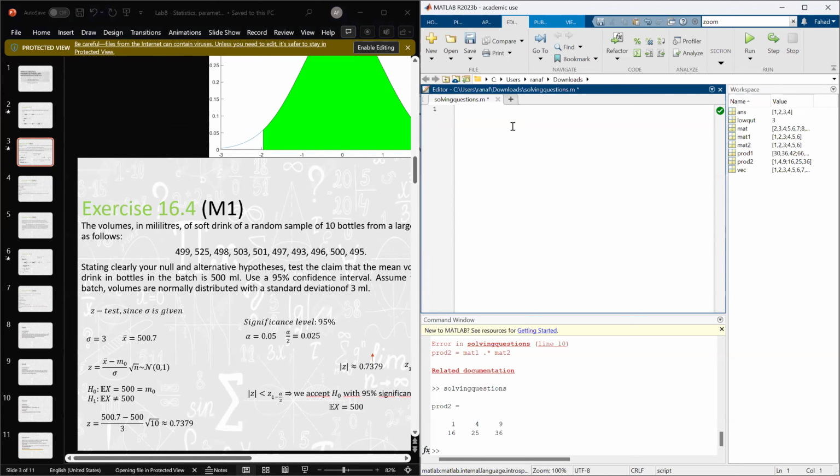We put all of this data into an array, data, and this is 499, 525, 498, 503, 501, 497, 493, 496, 500, and 495. Just to confirm, 1, 2, 3, 4, 5, 6, 7, 8, 9, 10. Okay, this is the data.